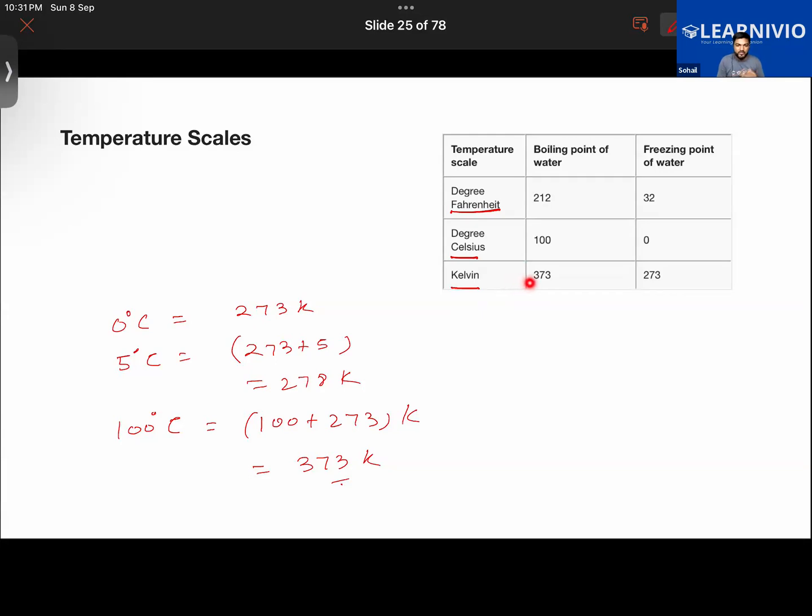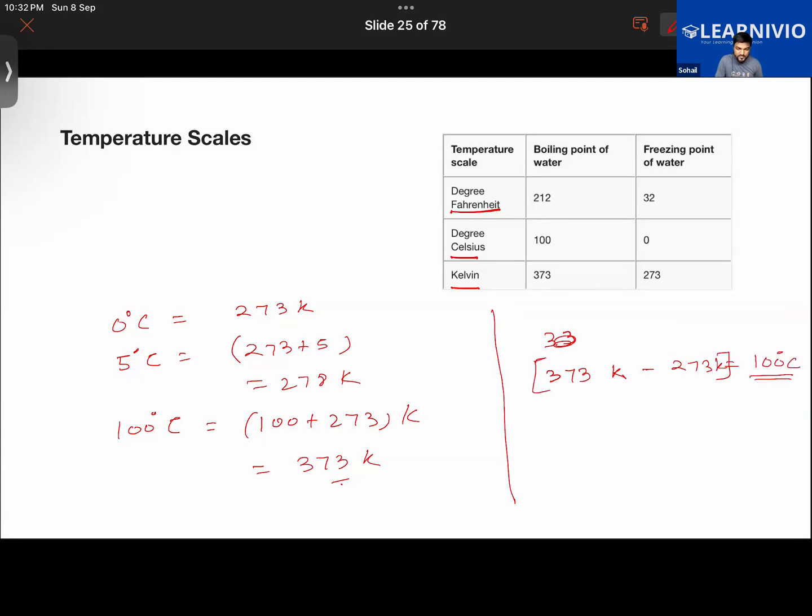And we can do the opposite also. Now pay attention here. If I were to convert 373 Kelvin back into Celsius, I am going to do the following. 373 Kelvin, how much will this be in Celsius? I simply subtract 273 from it, so I will get 100 degrees Celsius back.